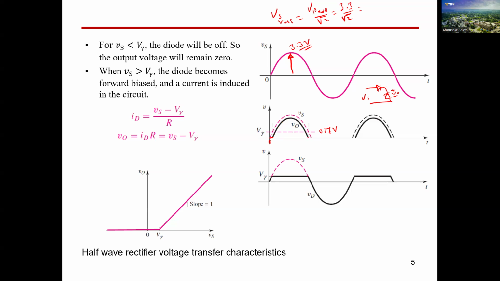Until which time will it continue turned on? We mentioned in the last class, guys, the diode turn off condition is when the diode current reaches 0. So the condition to turn off a diode is I diode equals 0.